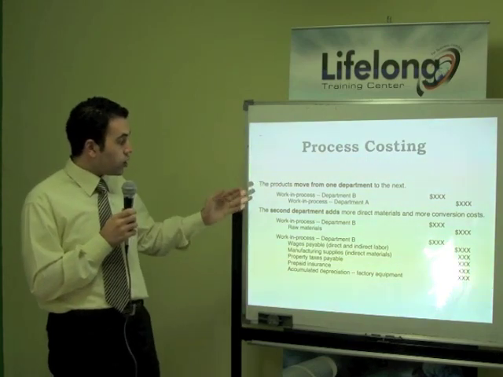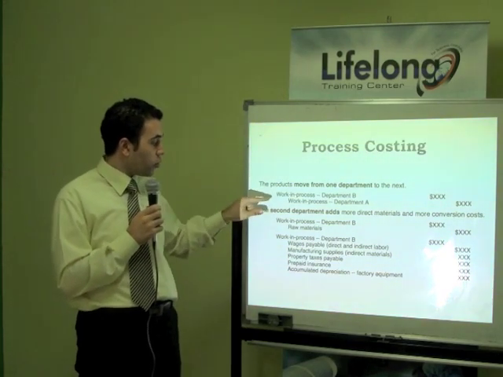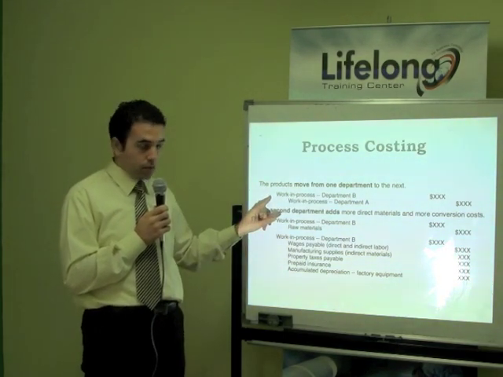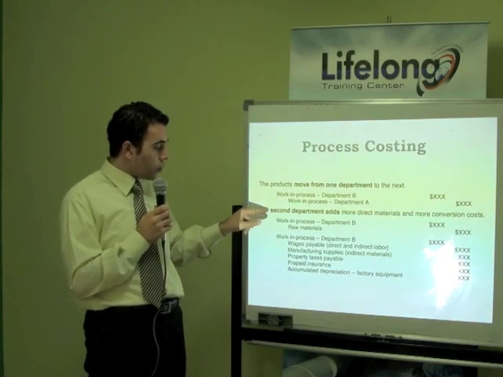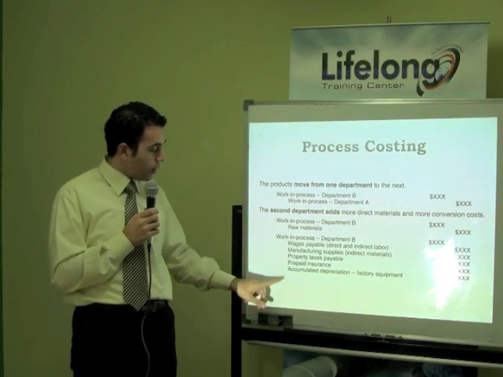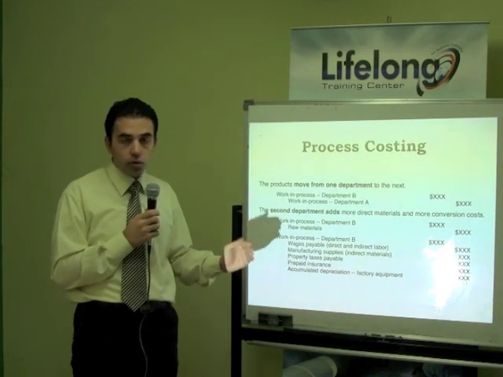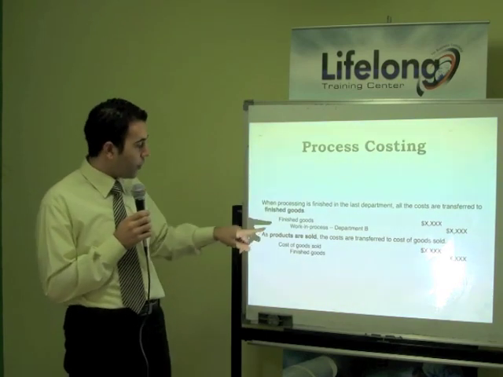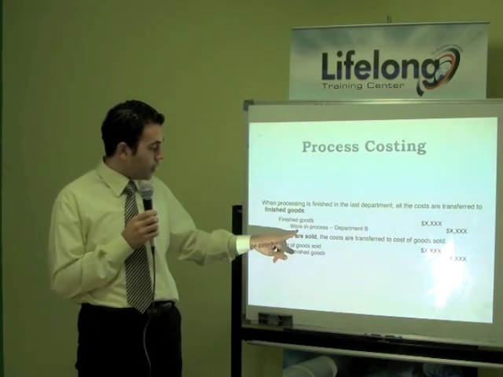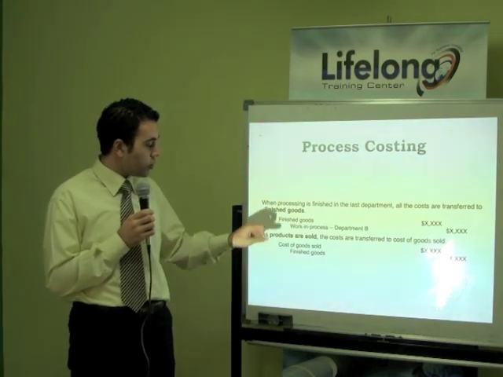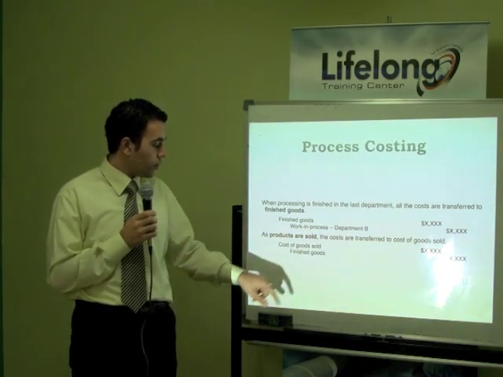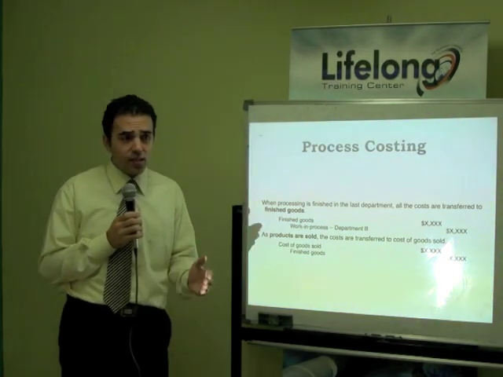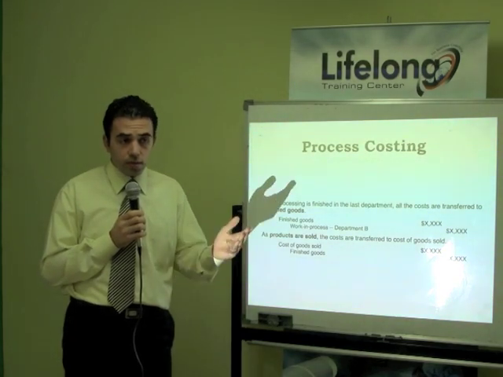So you need to move the product from one department to another, so you get all work in process from Department A into Department B. After that, you use new raw materials, and you use all the other labor and manufacturing overhead in Department B. After that, you have your finished goods ready. So you decrease your work in process and you increase your finished goods. When you sell it, you decrease your finished goods and you increase cost of goods sold. Can you see? It's really easy. It's a really easy accounting method.